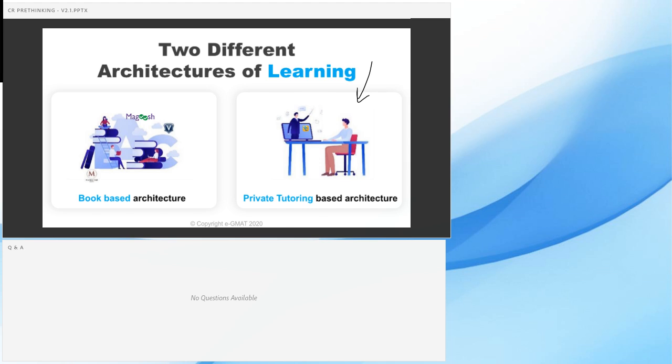So we call this a private tutoring based architecture, because this is how a private tutor works with you. A decade ago, we started this company trying to build a learning architecture along with the corresponding technology, and we're still working on building and enhancing this, and we're at about 80% of where a private tutor would be with regards to this learning architecture.